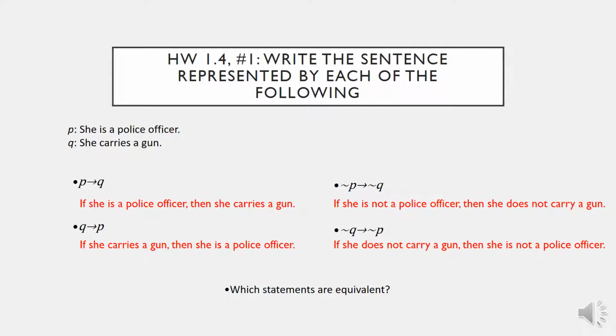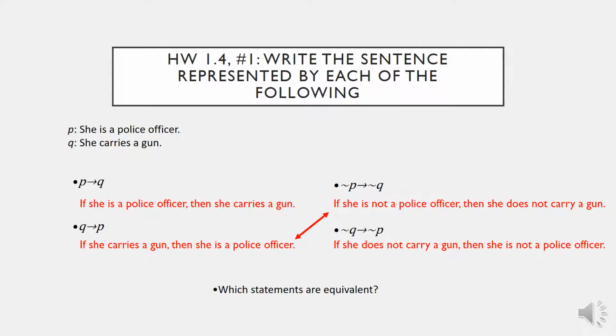Right, so the converse isn't the same and the inverse isn't the same, but the inverse and the converse are the same. So if she carries a gun, then she is a police officer. And if she is not a police officer, then she does not carry a gun. Those mean the same thing.